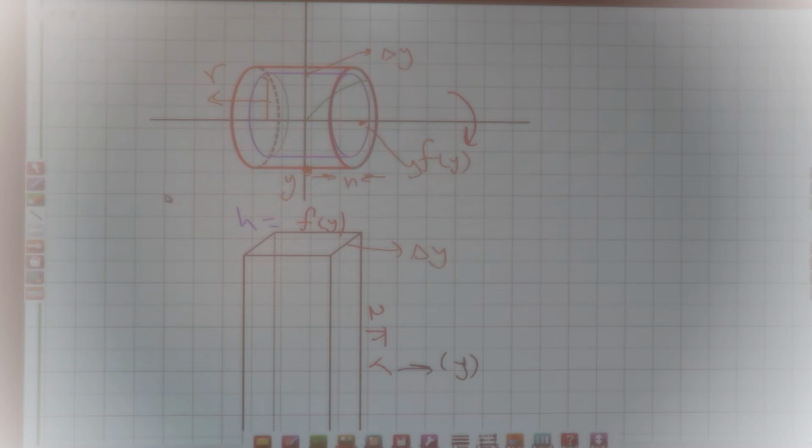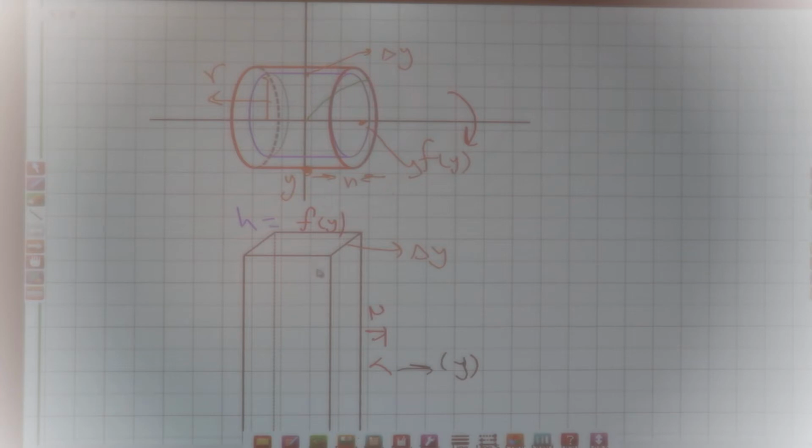Look, the shape. What we have is the same curve, but the shell will be revolved about the x-axis, right? The shell is going to be revolved with a small shell.